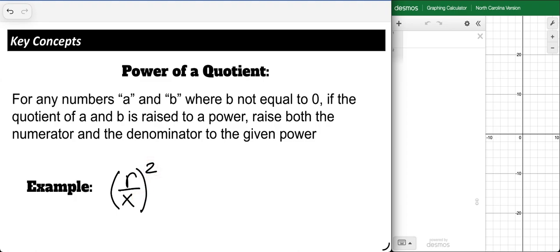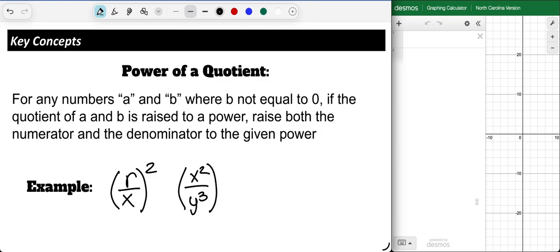And that is all by multiplication. Okay? Now, to give you some more examples, in parentheses we're going to have x squared over y to the third, raised to the fourth power. And then another example, which will be our last example, is 2/3, all of that raised to the second power.